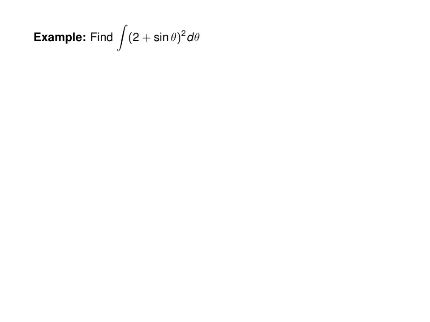Alright, find the integral of 2 plus sine of theta, the quantity squared. The first thing that I can think of doing here is expanding. So I'm multiplying 2 plus sine of theta by itself, and that gives us 4 plus 4 sine theta plus sine squared theta. The first two terms we can integrate just fine, but we have to convert this sine squared theta using the half-angle identities.